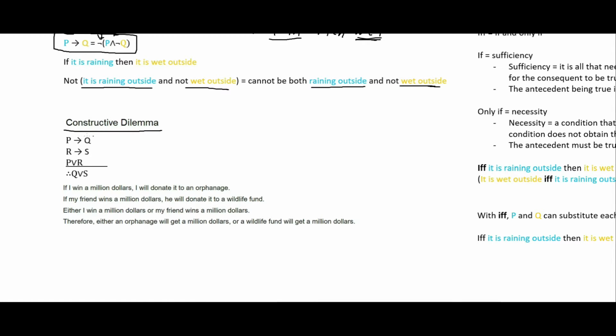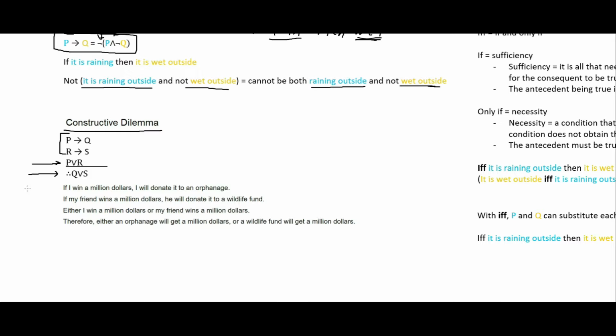That's if we have two different if-then statements: if P then Q, if R then S, and then we have P or R, therefore Q or S. So we have the two antecedents, antecedent 1 or antecedent 2, therefore consequent 1 or consequent 2.